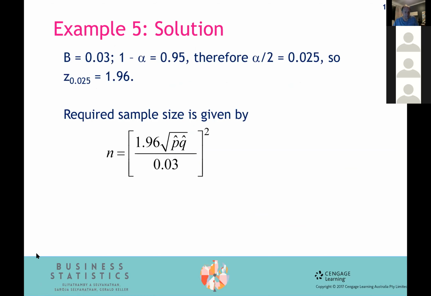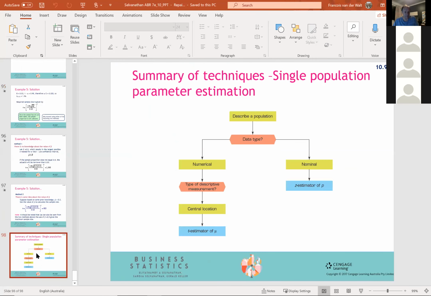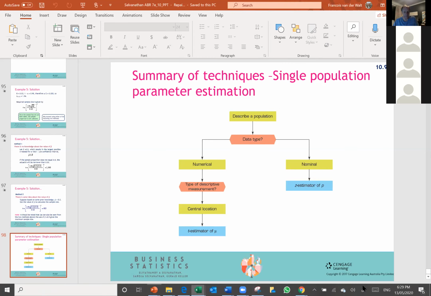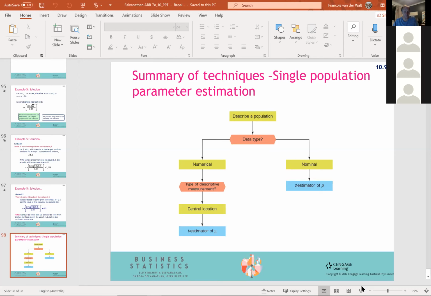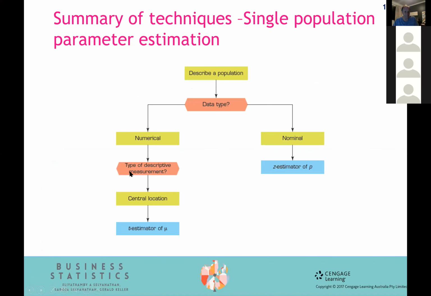Here's a nice diagram. Make a good note of this. If the data type is numerical, I want to estimate the central location.